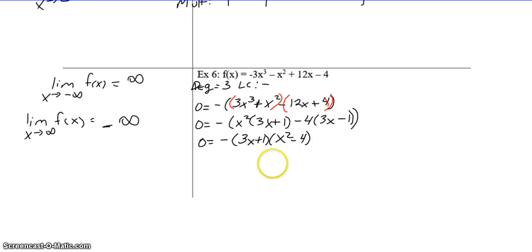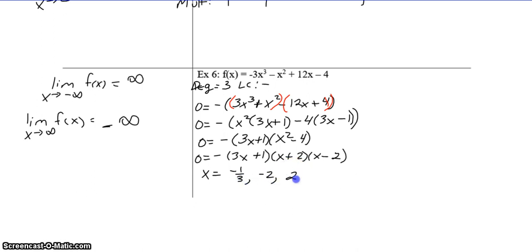Now at this point, if you recognize what the zeros are, go ahead. If you prefer, and I think I would right now, just to make sure we get all the zeros and don't forget one. There we go. And so our zeros: negative 1/3, negative 2, 2.